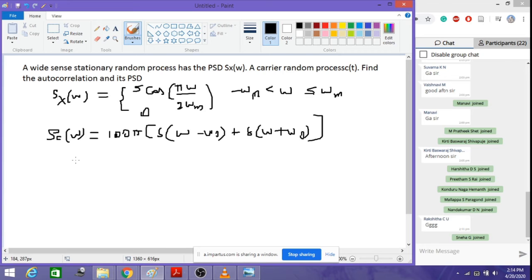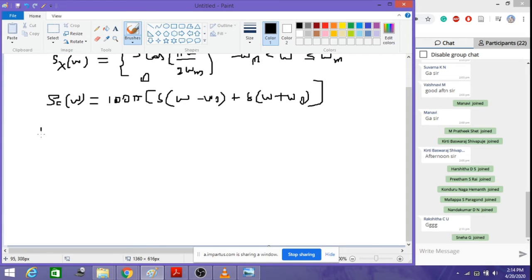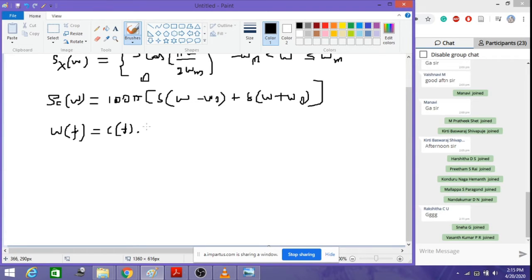So now let us find the autocorrelation definition for this. Basically it's a modulation process. The modulation process is defined as multiplication of the carrier signal with the modulating signal. So W of t is equal to C of t into X of t, where C of t is the carrier and X of t is our modulating signal.